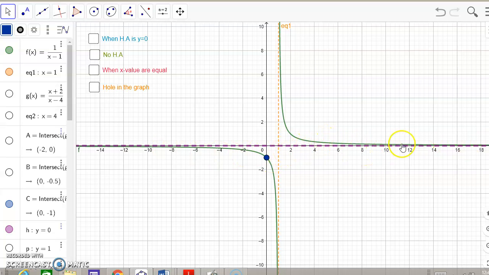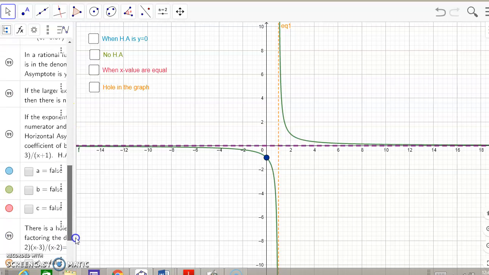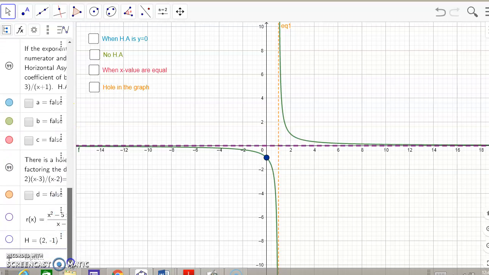Now, the other thing that we want to talk about is the end behavior. As we continue to go horizontally, what's our y value going to look like? It looks like it's trying to go down to 0. So the end behavior would be as x approaches infinity, y approaches 0.